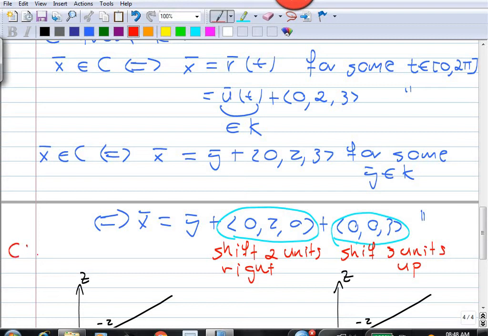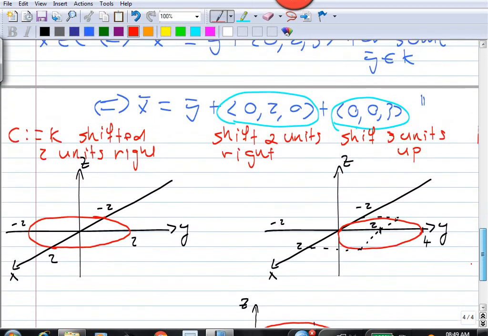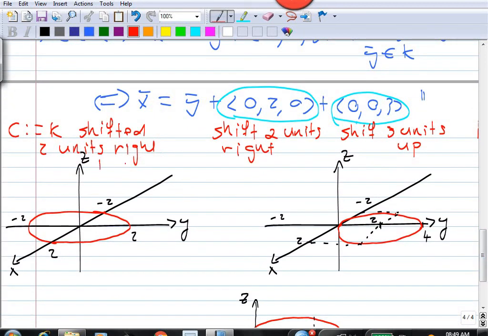We've got C is K shifted 2 units to the right, in the positive y direction, plus 3 units up.